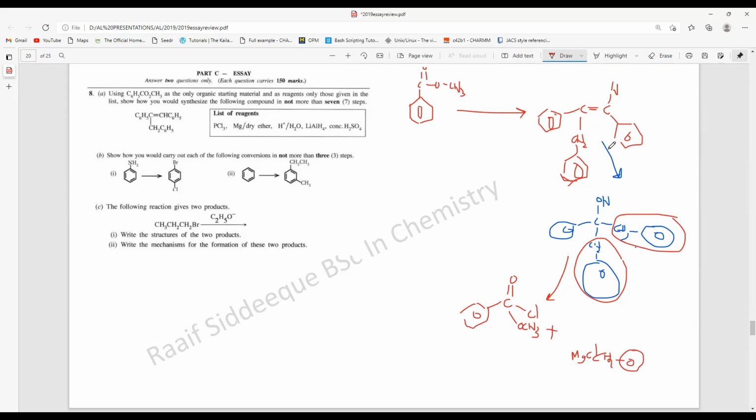Then you dehydrate and this can be formed. That's the basic idea when you come from the back.